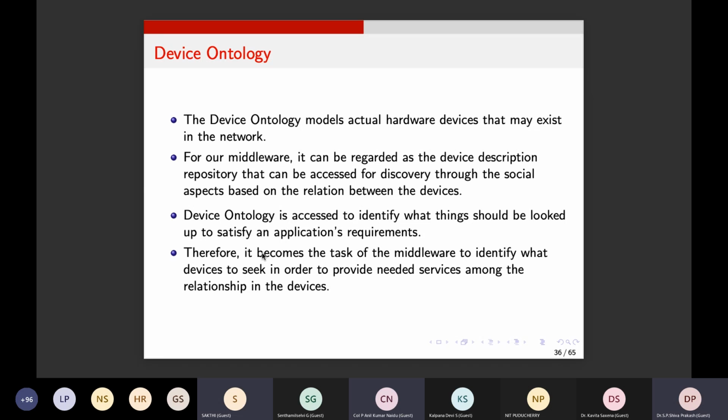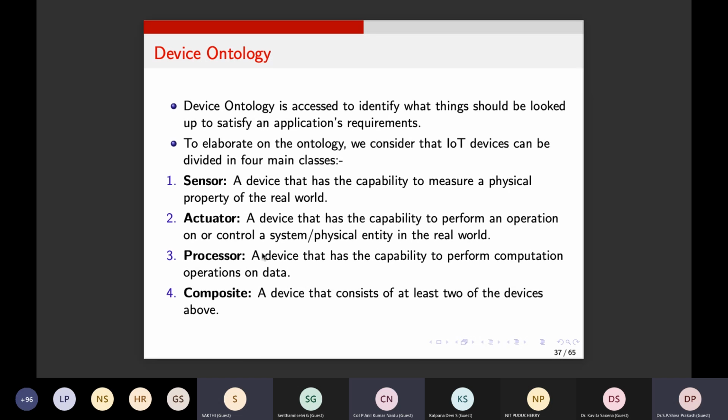So the ontological model, especially the device ontology, focuses on the set of hardware that is required for this. Which device is providing what type of services is defined using a device ontology.